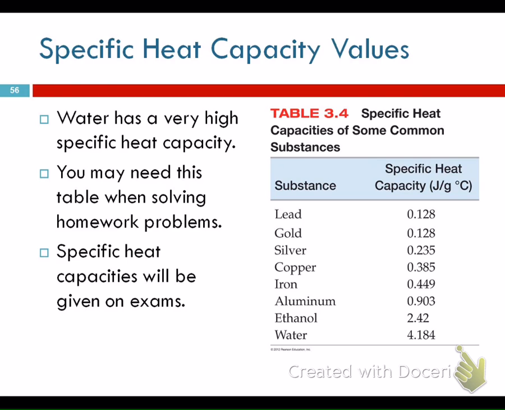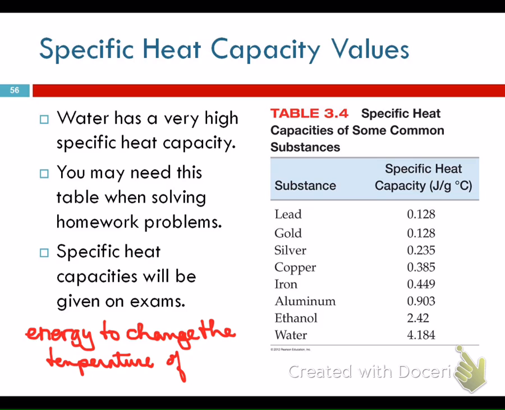And the specific heat is the amount of energy that it takes to change the temperature of 1 gram of substance 1 degree Celsius. And that will give you that in joules.